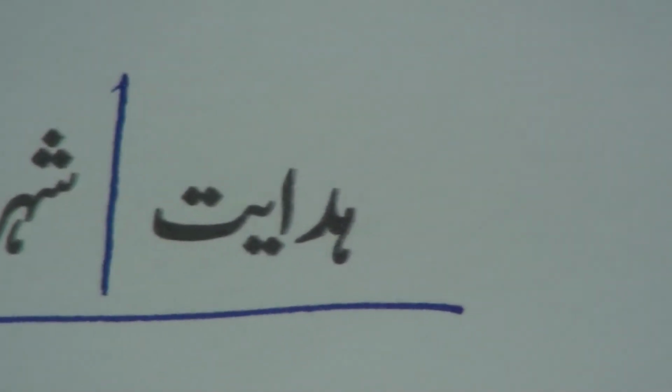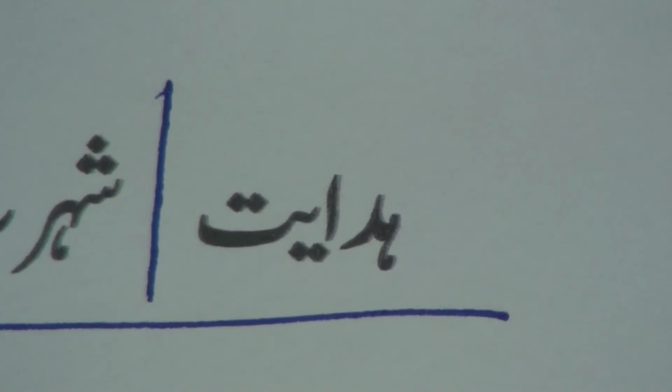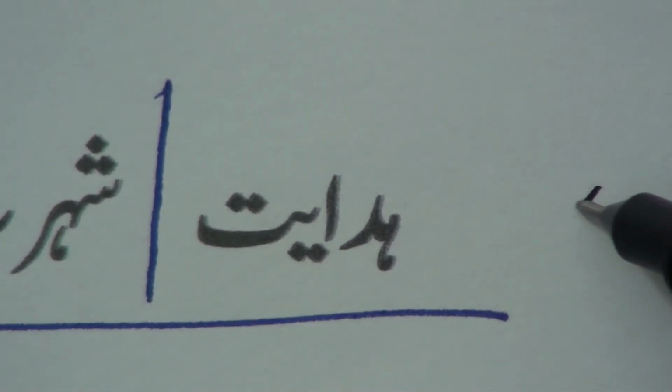Its shape is quite changed when it is joined to other letters. Hidayat. He, dal, alif, ye, te, hidayat. This is he.